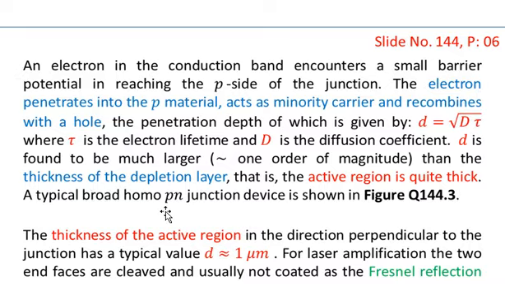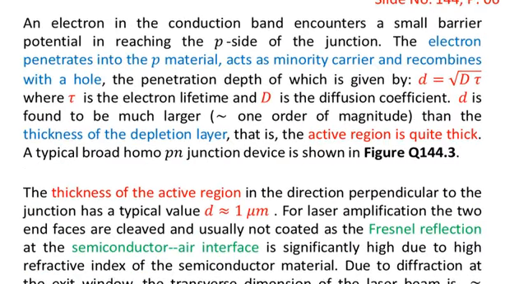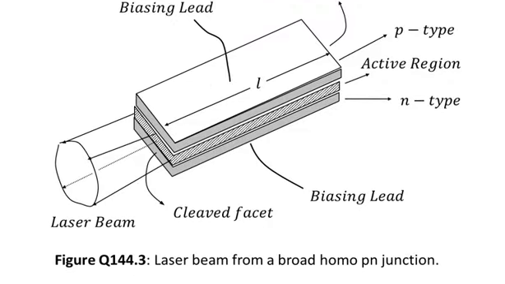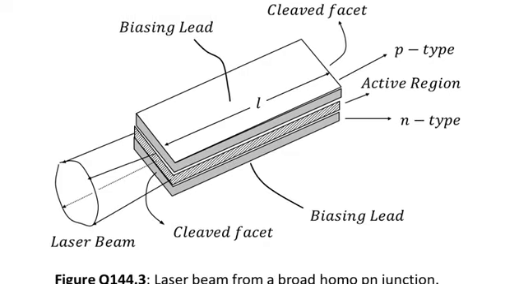A typical broad homo p-n junction device is shown in figure number 3. The caption of the figure is: a laser beam from a broad homo p-n junction. So let's go through this junction.